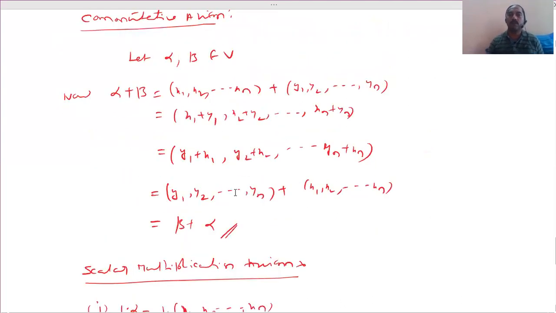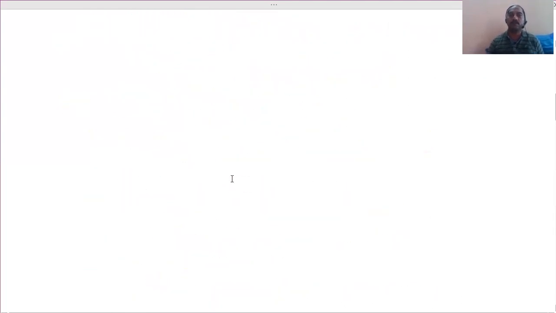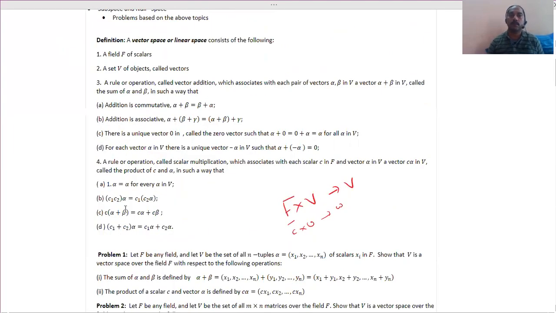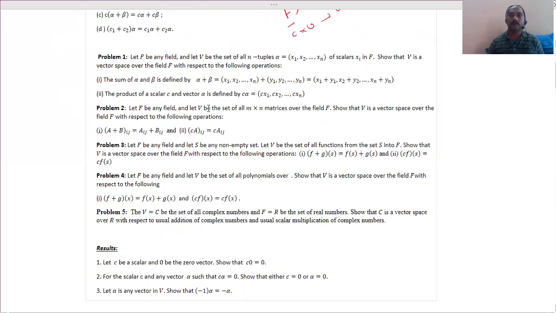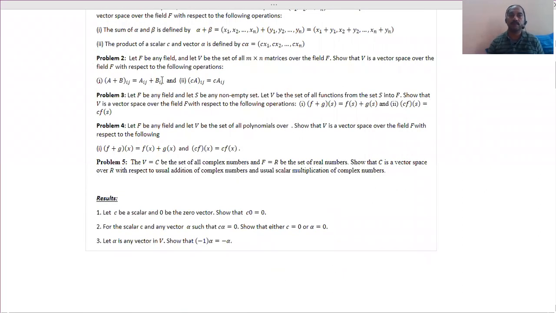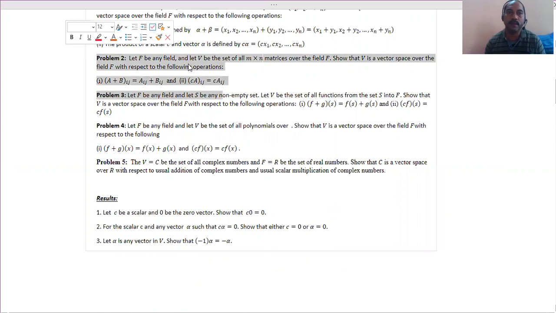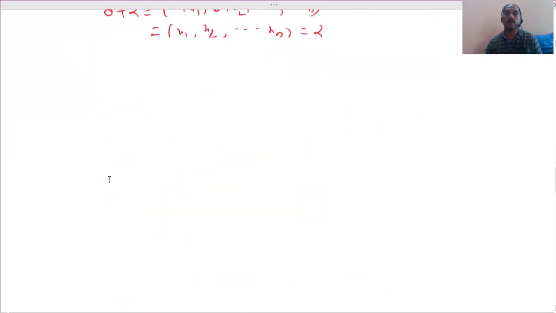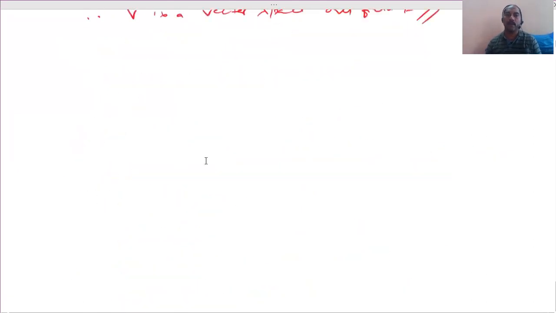Similarly, we see the second problem. Matrices, M by N matrices, of the same order, M and N values, suppose 2 by 3. You consider all 2 by 3 matrices, or 4 by 5, or 4 by 4, as you wish.